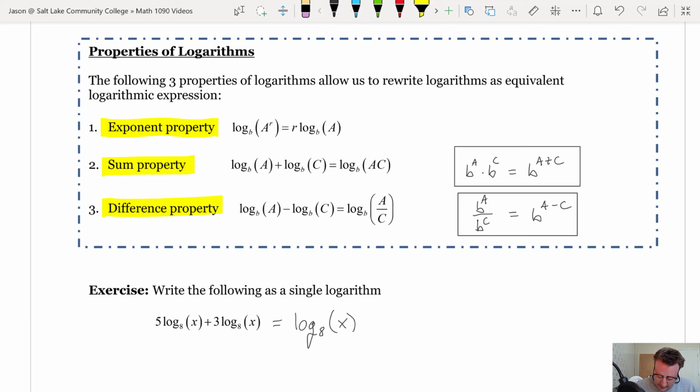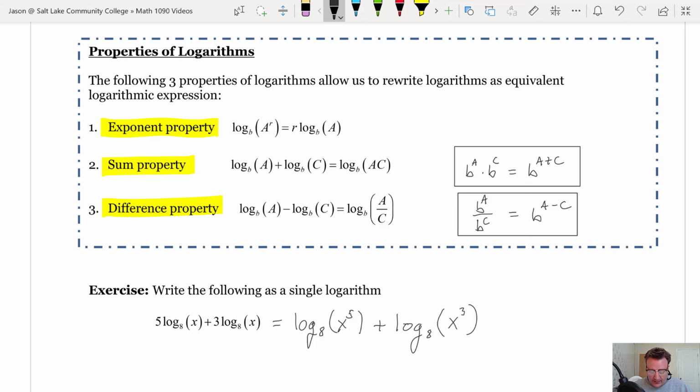Oh, sorry, I forgot to put the multiplier 5 up as an exponent, so that becomes x to the 5th plus log base 8 of x cubed. Okay, so I'm using the exponent property there in reverse. Notice this is one of the times I want to use it in reverse.